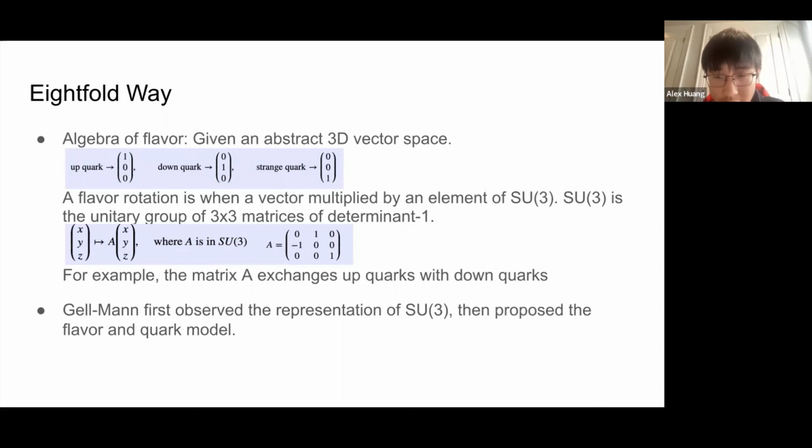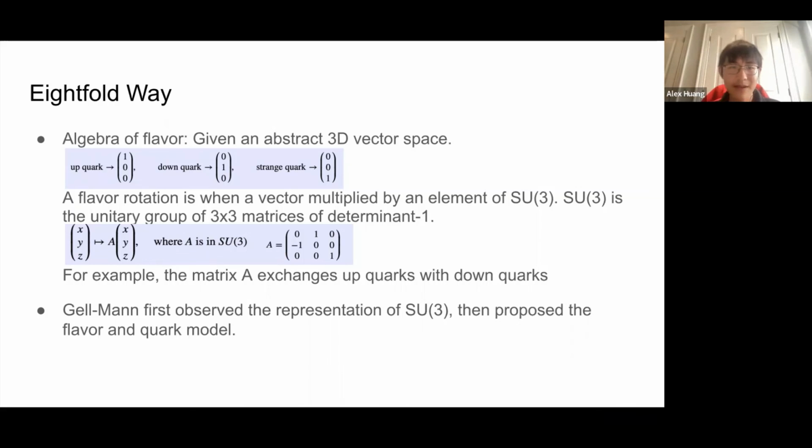And a neutron consists of 2 down quarks and 1 up quark, so it's 1,2,0. By multiplying by matrix A, you map the proton to a neutron: 2,1,0 becomes 1,2,0 by matrix multiplication.